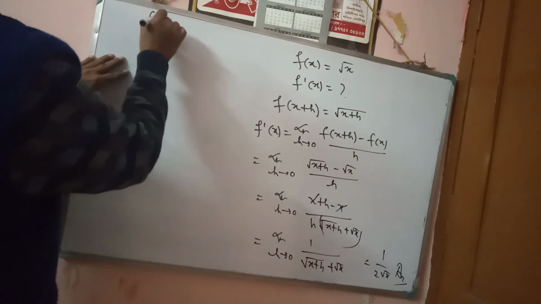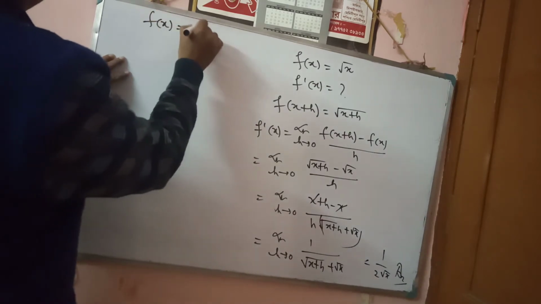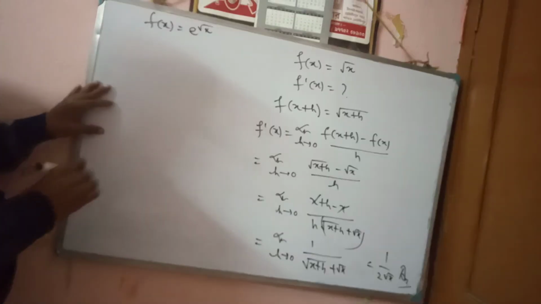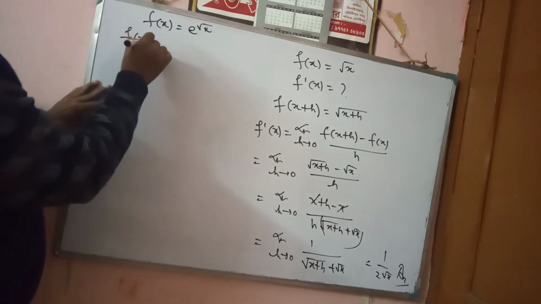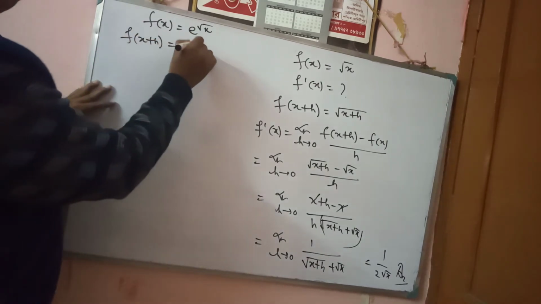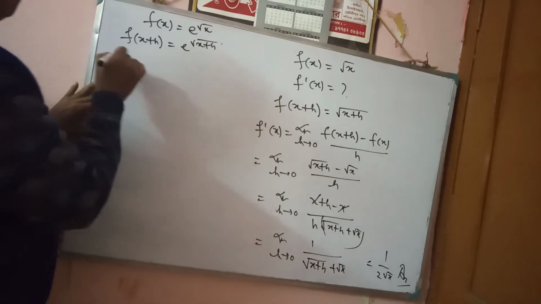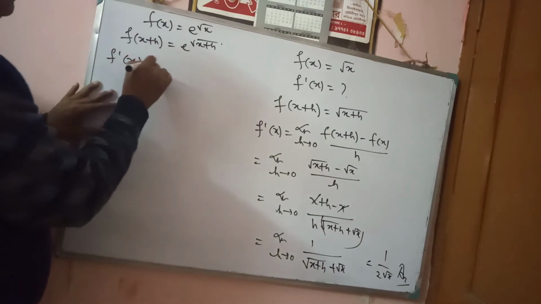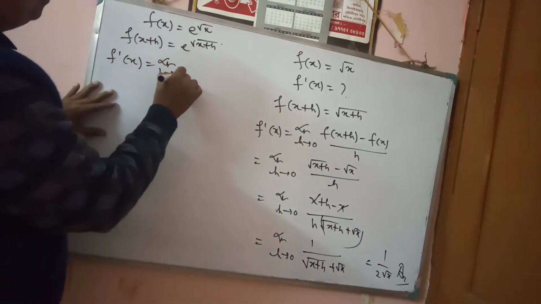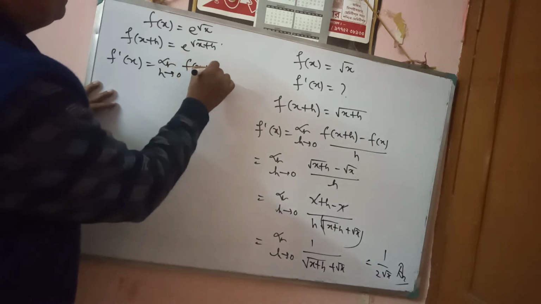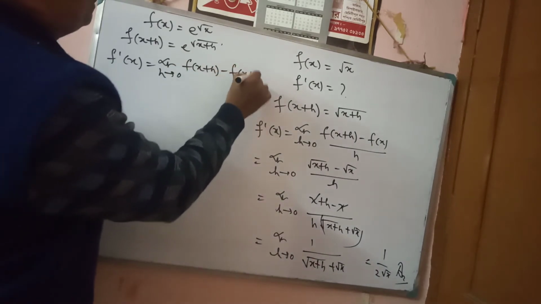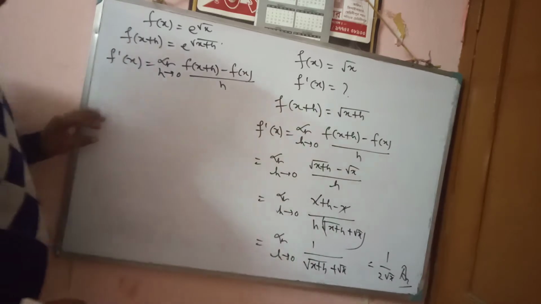Suppose again f of x equal to e to the power root x. So f of x plus h, you can write e to the power root x plus h. So f dash x you can write limit h tends to 0, f of x plus h minus f of x by h.